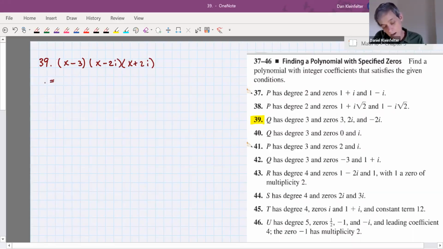I'm going to deal with the complex part first. So let me just hang on to the x minus 3 piece first. So then here, let me multiply this out. We haven't done it in a little while. X squared, I'm going to use FOIL for this, okay? First will be x squared. We'll have 2ix for the outers, minus 2ix for the inners, and then the lasts will be minus 4i squared.